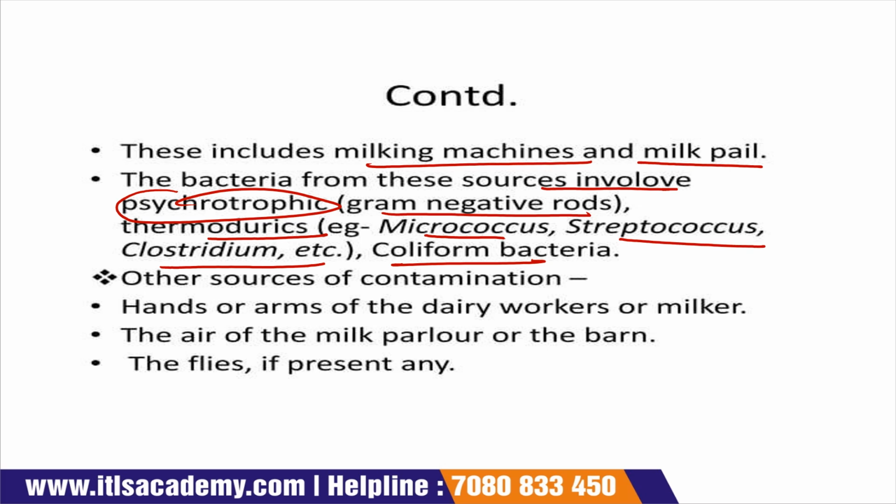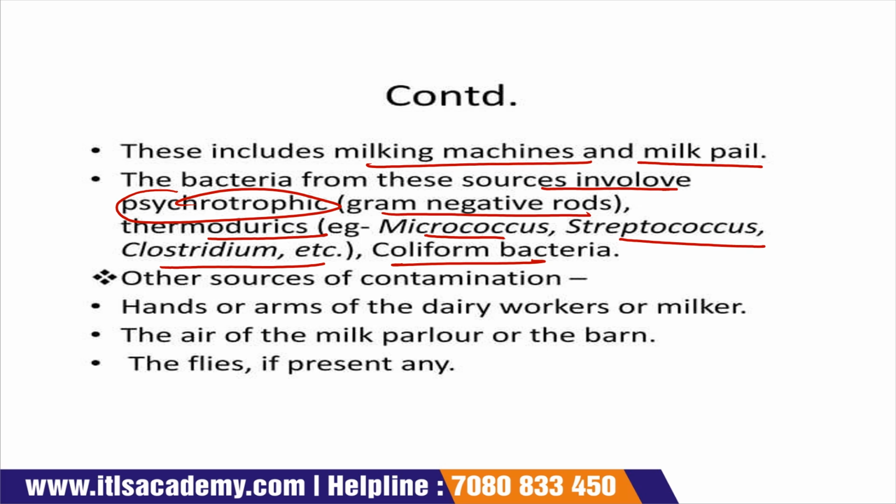And the other sources of contamination of the milk are the workers who are milking the milk, and even the air of the parlor and the flies which are present, because we all know that these microorganisms are very tiny and they are present everywhere. Even though we are not seeing them with our naked eye, on our hand there are lots of microorganisms present.